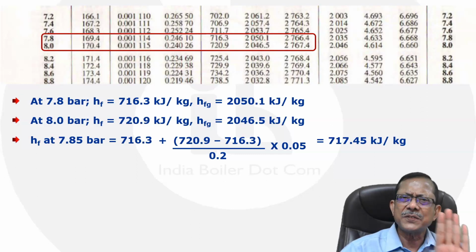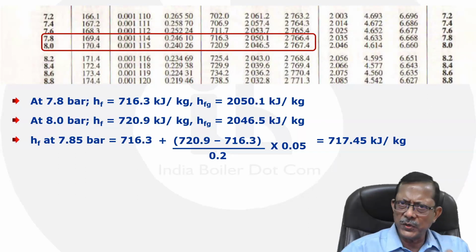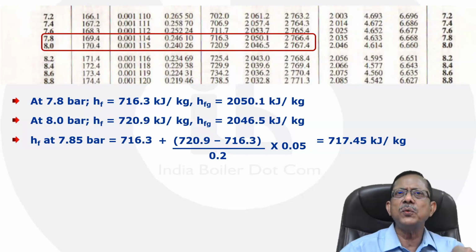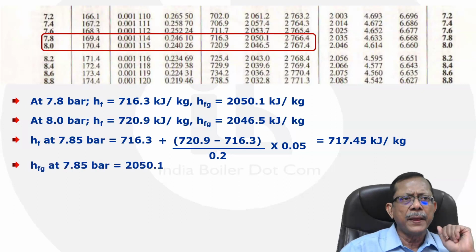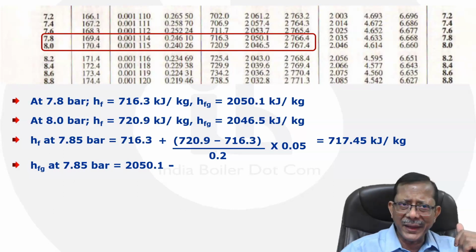Only thing is, just first of all observe whether it is increasing or decreasing. If it is increasing, plus. If it is decreasing, minus. How much it is increasing or decreasing, that difference over which pressure, and multiplied by how much increase of pressure you want to find out. For example, for HFG, it is 2050.1 kilojoule per kg at 7.8, but HFG we know as the pressure increases it decreases, therefore it will be minus.